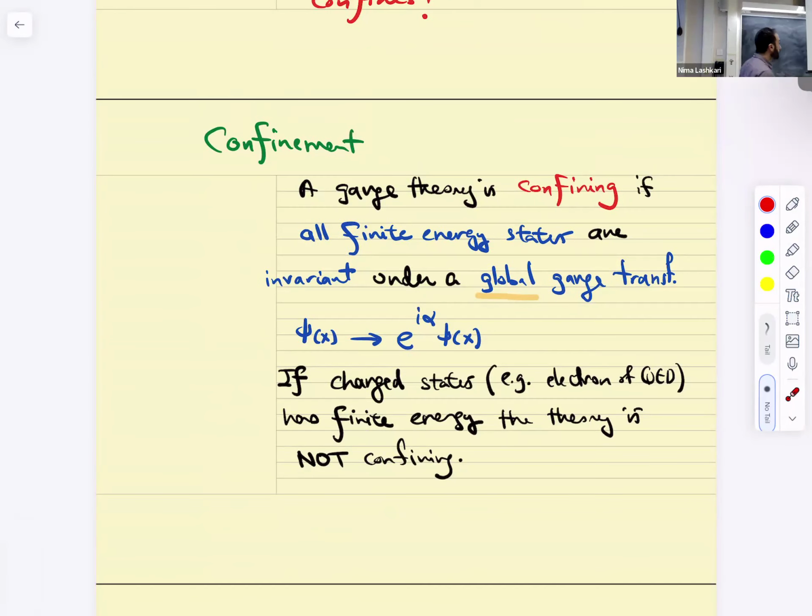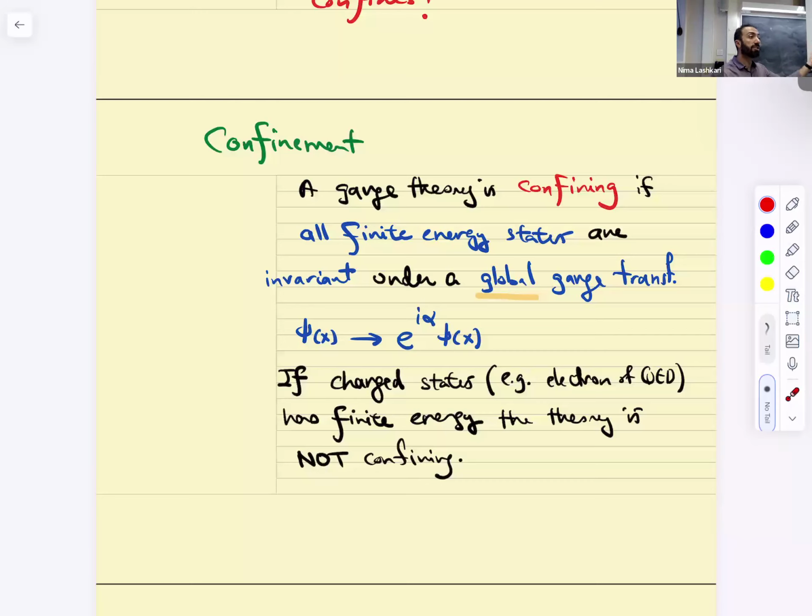We say a gauge theory is confining if all finite energy states are invariant under a global gauge transformation. So, for example, QED is not confining. Why? Because it has a state with finite energy which includes a single electron.